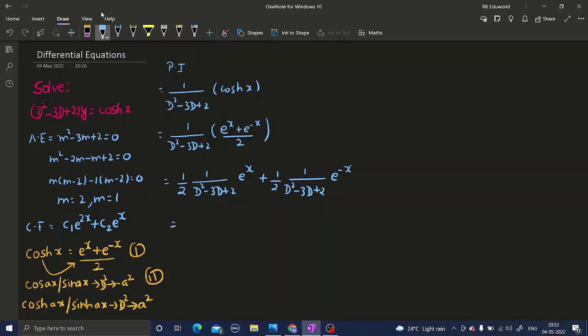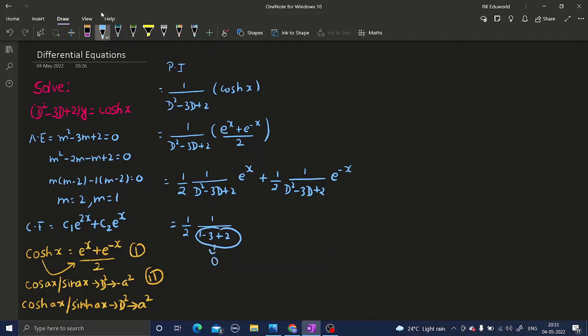So what is the rule for e power ax? A here is 1 because e power 1 into x. So just replace all the D which is present by 1. So 1 by 2, 1 upon 1 minus 3 plus 2. As you can see, this denominator is becoming 0.